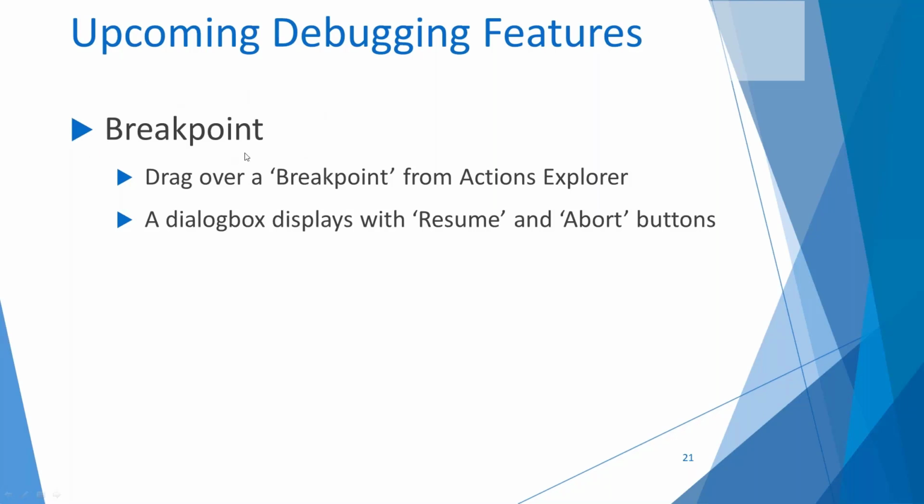We're going to give you a breakpoint, and the breakpoint will allow you to halt, if you will, at a certain point, at which point you will then, we're still designing it, but I believe what we're going to do is show you all the local and global variables in a little dialogue, so that you can see what the state of the application is.